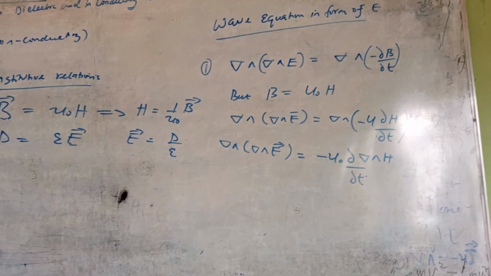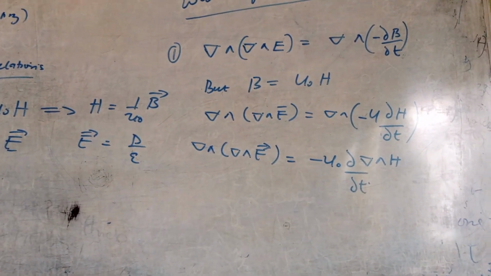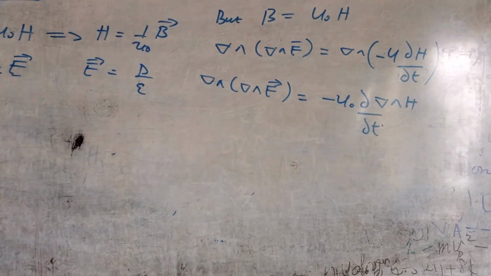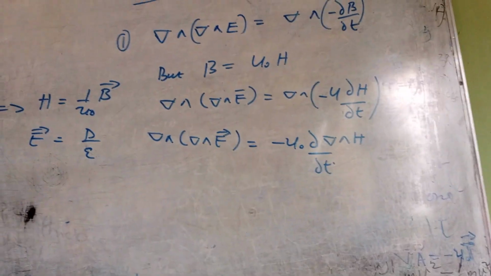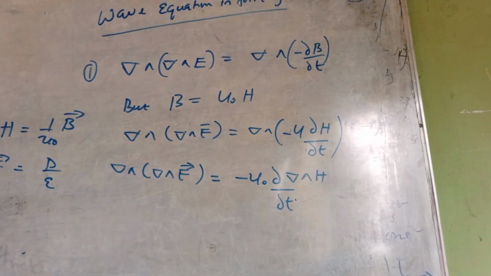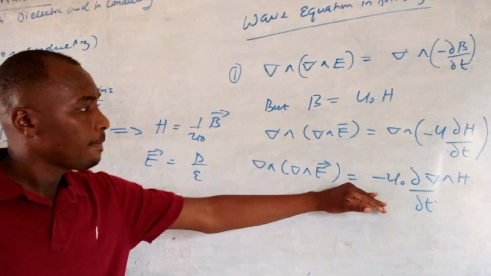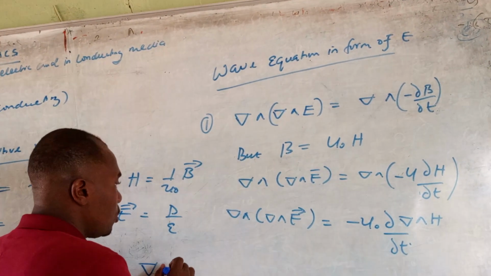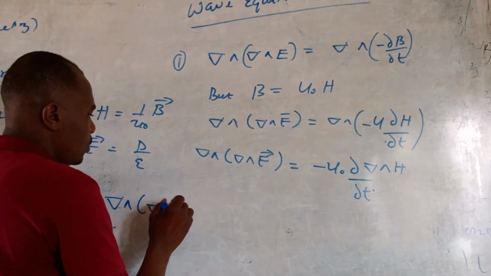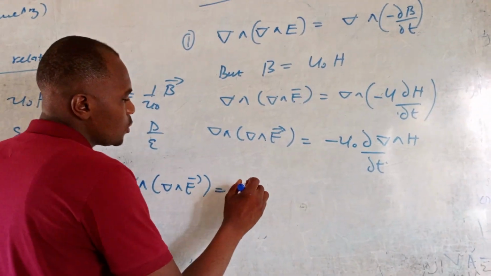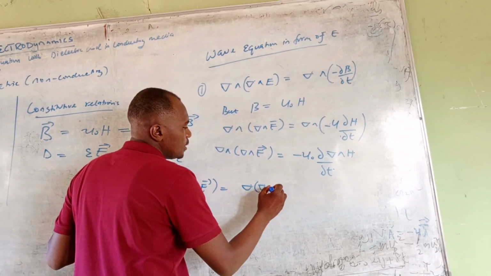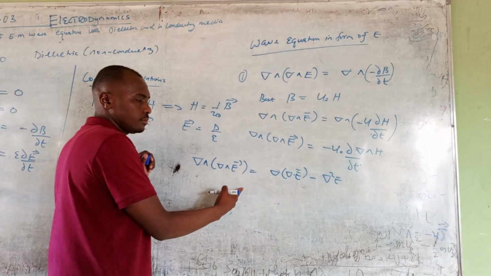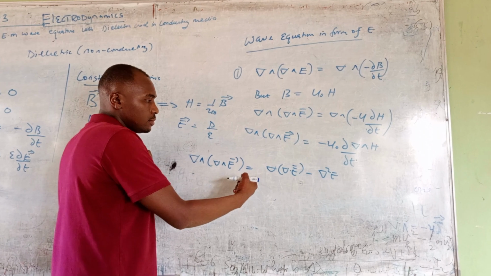So now we proceed and do our substitution. Is there any problem? Let me know, please. Since we have this here, you know that the curl of the curl of E is the same thing as the gradient of the divergence of E minus del squared E. This is the vector relationship.